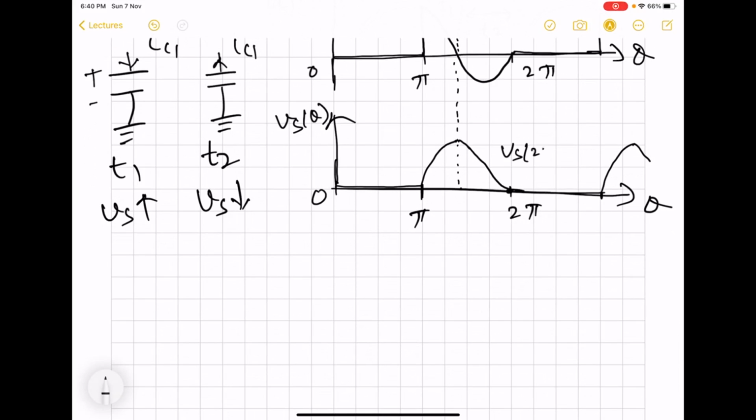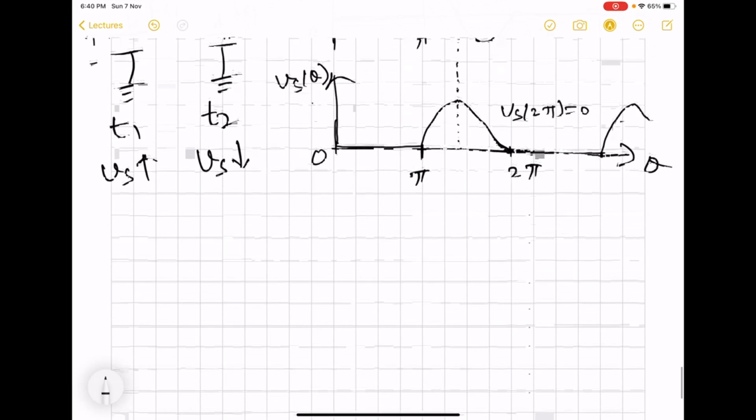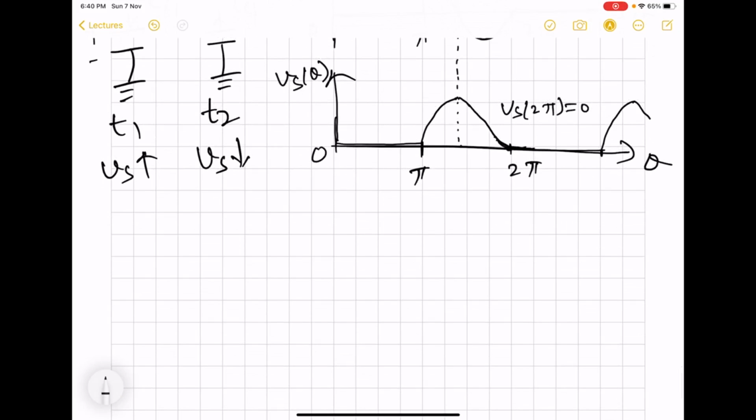So Vs(2 pi) is equal to 0, and it remains 0 afterwards also, of course. Not only that, you can see that it gradually becomes 0, and so the derivative is also equal to 0. But now if you look at this waveform from the derivative point of view, then there are various possibilities.